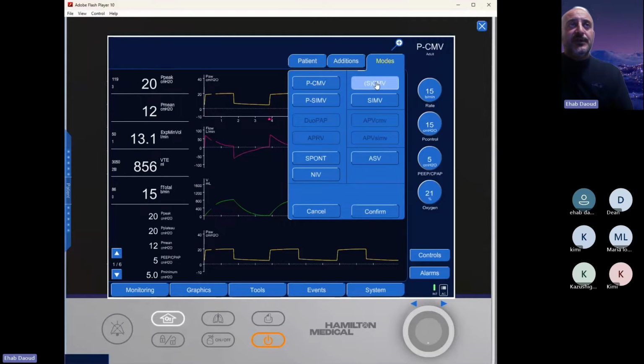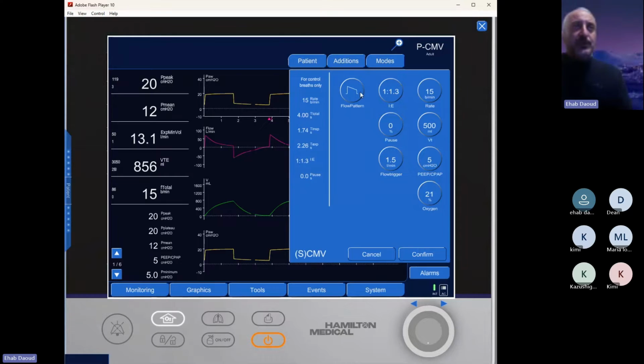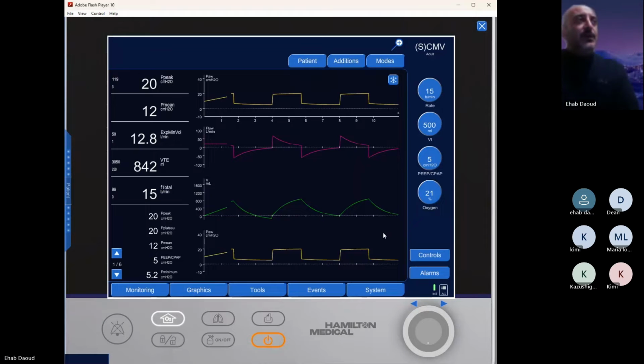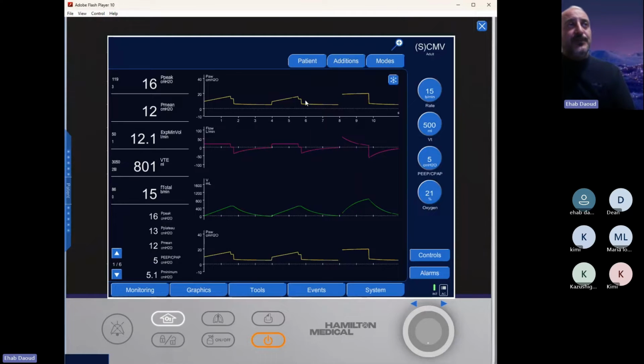But to do the classic one in volume control, we'll switch to volume control and I will switch to the constant flow. I'm going to put a little pause to give me a plateau pressure. Of course, when you do an inspiratory pause to get a plateau pressure, you really need a longer pause. Again, this ventilator wouldn't let me freeze or make a pause, so I just put one here to give us a pause.